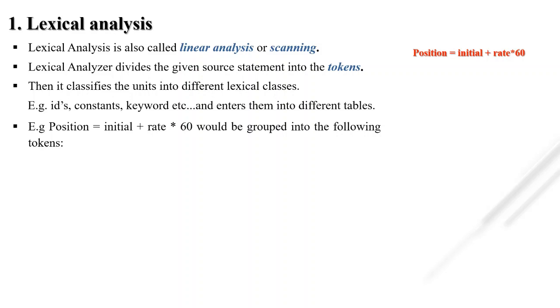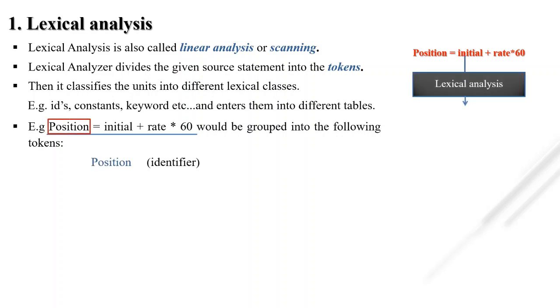Let's take one statement and pass it through the lexical analyzer, that is position equal to initial plus rate into 60. Then the tokens are: position is classified as an identifier and gives the output as ID1. Here ID indicates an identifier and 1 indicates that this identifier is stored in first position in symbol table.